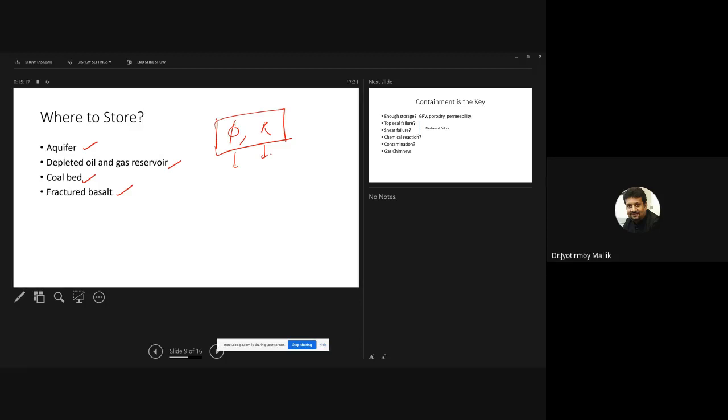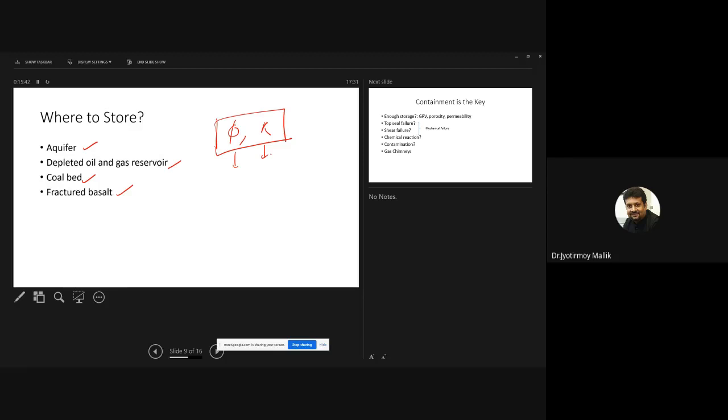In this particular case, you are trying to inject carbon dioxide either in the supercritical fluid phase or in the liquid phase inside the ground. And there also the liquid or supercritical carbon dioxide has to flow. You cannot just dump it in the well. It has to flow inside the reservoir, so it needs porosity and permeability, right?